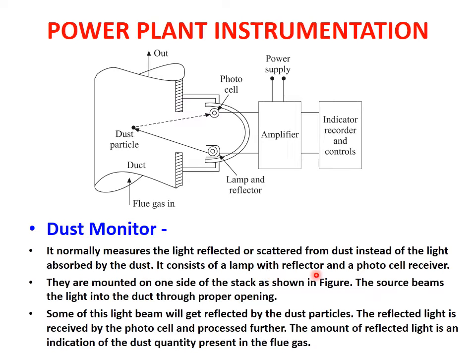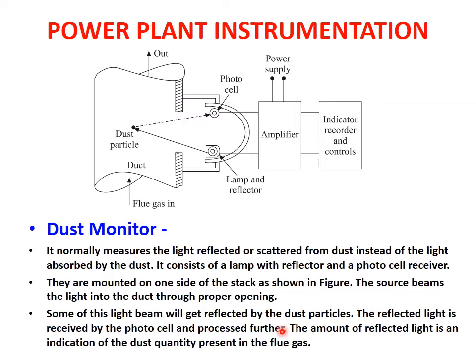It normally measures the light reflected or scattered from dust instead of the light absorbed by the dust. It consists of a lamp with reflector and a photocell receiver. They are mounted on one side of the stack as shown in the figure. The source beams the light into the duct through a proper opening, as we have explained for the lamp and reflector.